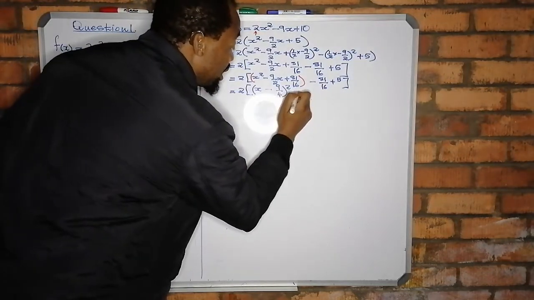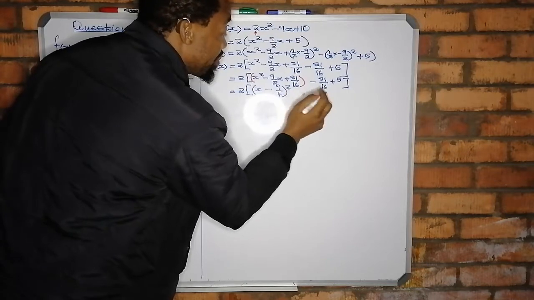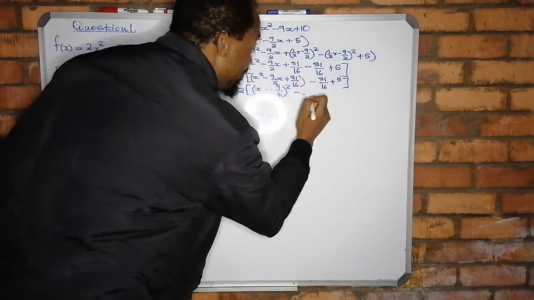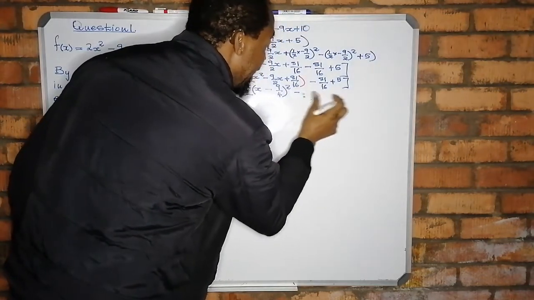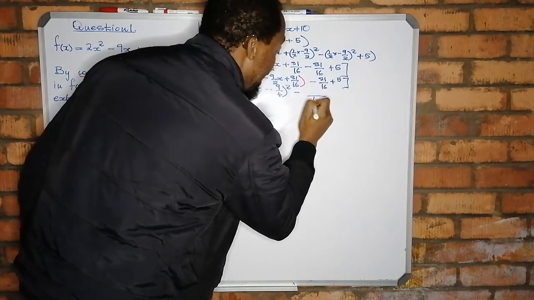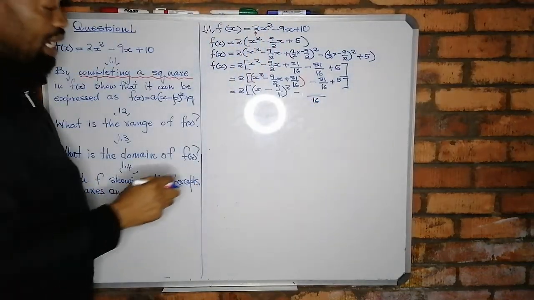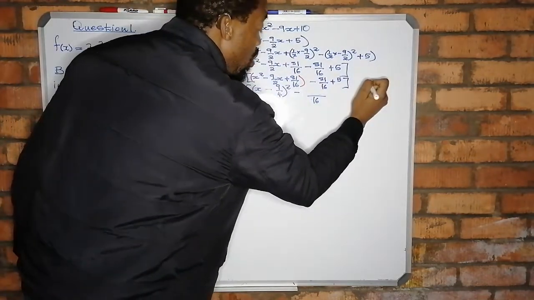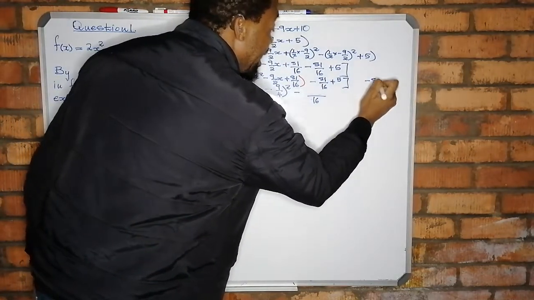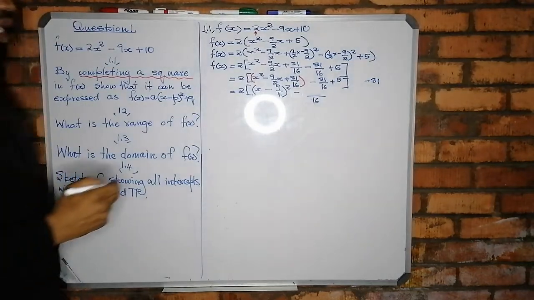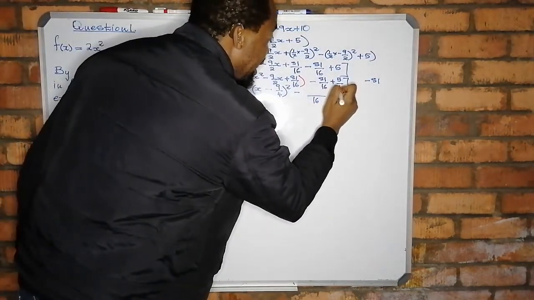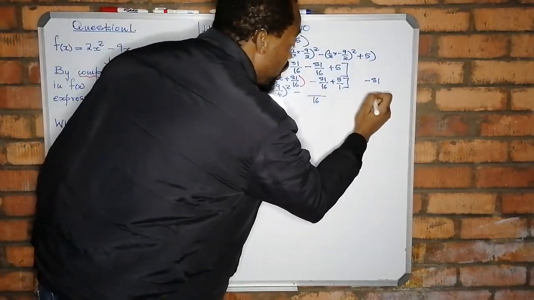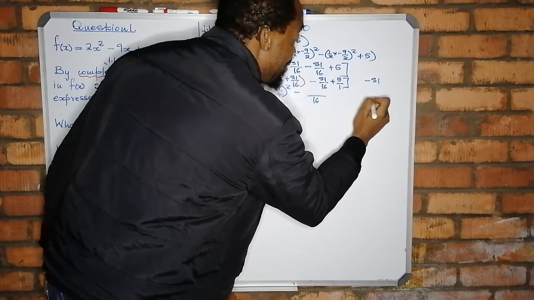Now, let's go to this side. It would be a minus. Let me have the LCM there. My LCM is 16. Now, 16 divided by 16 is a 1. 1 multiplied by minus 81 is a minus 81. 16 divided by 1 is a 16. Now I have got 16 multiplied by 5.